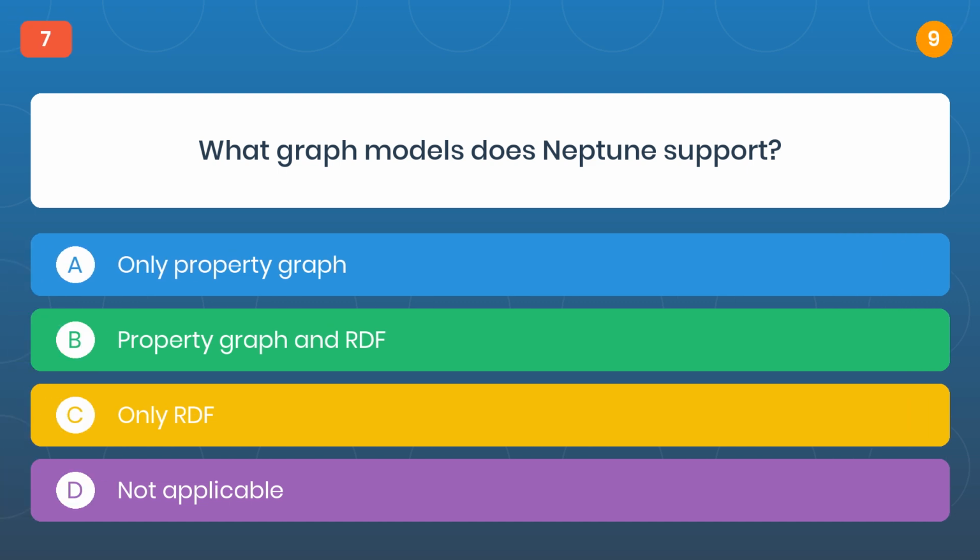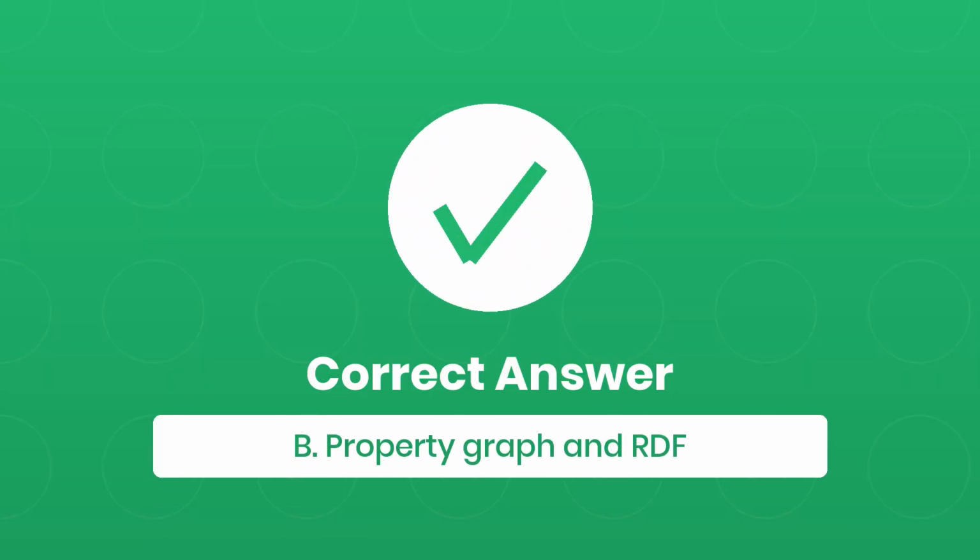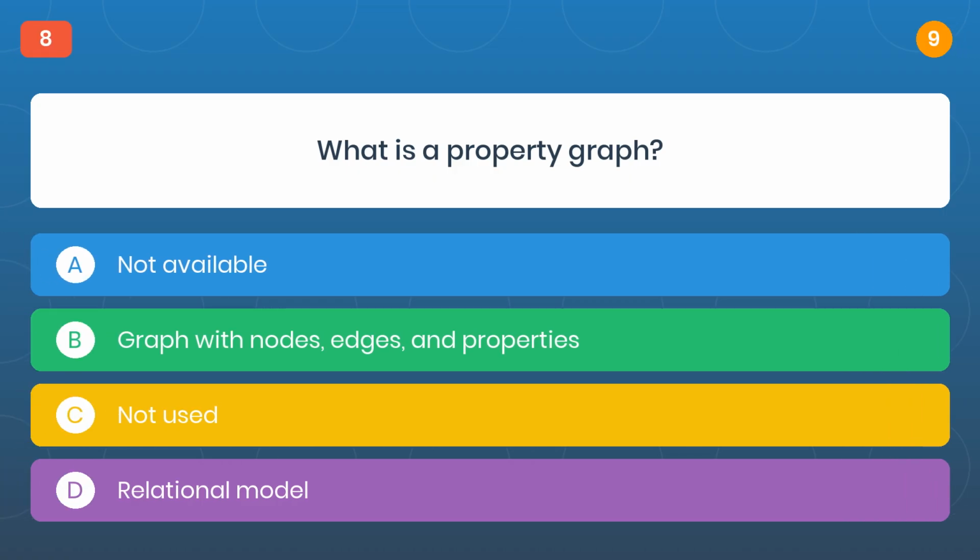Question 7. What graph models does Neptune support? The correct answer is B, property graph and RDF. Question 8. What is a property graph?